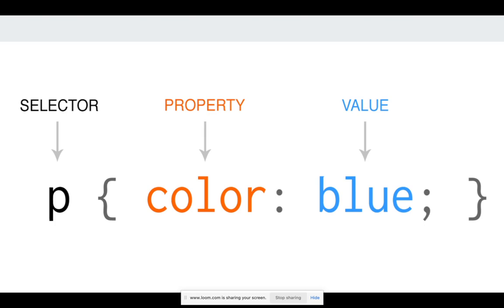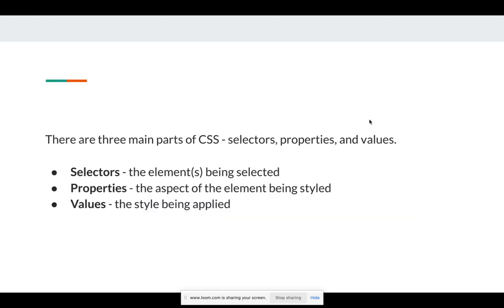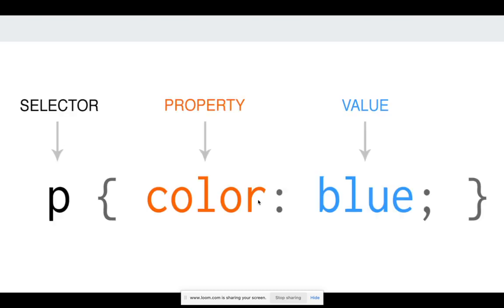Then property is what you are adding. It's the aspect of the element you want to style, right? For instance, for an HTML element, what do you want to style? Do you want to style the font? That's the property. Is the font size too small, and you want to make it big?